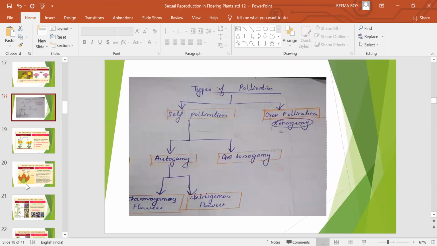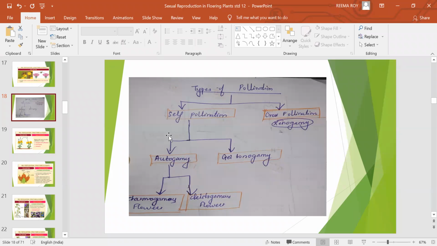Okay. And types of pollination में self pollination करके होता है and cross pollination करके होता है. We encourage cross pollination, that is called as xenogamy, and discourage self pollination. Self pollination, why we discourage, is because it will cause inbreeding depression.